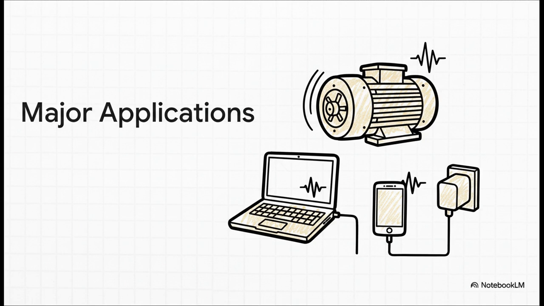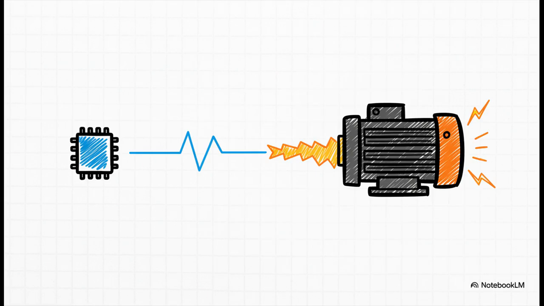It's also the secret sauce inside the switch mode power supplies that run your computer, your phone charger, pretty much everything. And this right here is its superpower. You can use a tiny, low-power signal from a little computer chip to perfectly manage a huge amount of power flowing to something massive, like a motor. It's like having a tiny brain that can precisely control a giant muscle, which makes it one of the most powerful tools an engineer has.